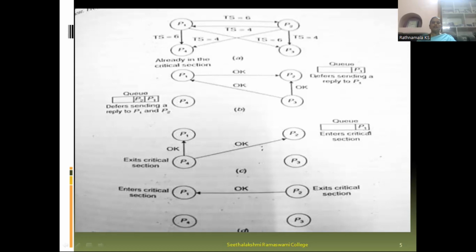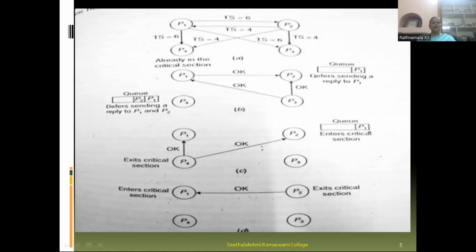These three processes receive the request. P3 is not at all bothered, so immediately it sends an OK. P4 will not respond because it is in the critical section. And how about P2? P2 has a timestamp a little earlier than P1, so P2 will not send a reply to P1. Considering these, P1 has to send an OK message to P2.